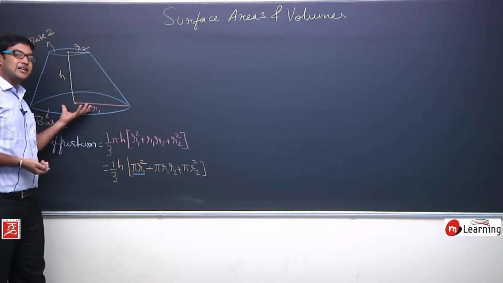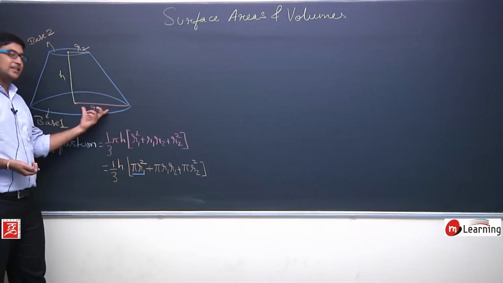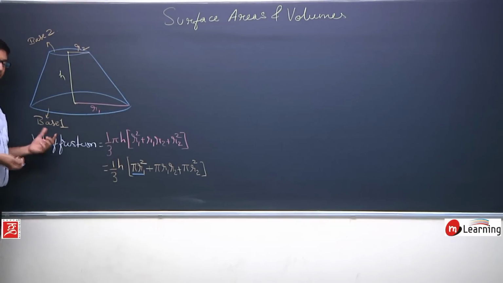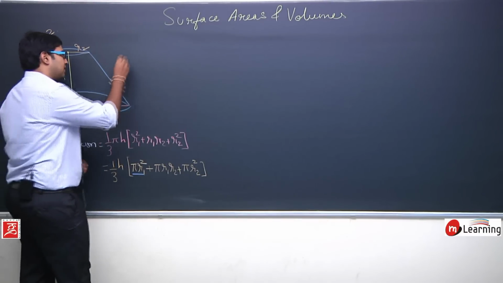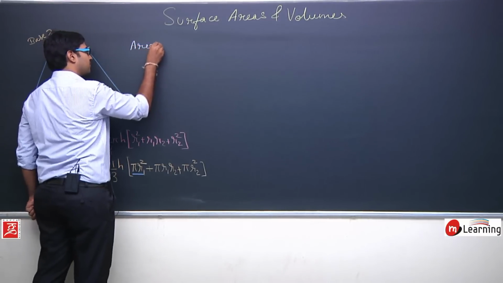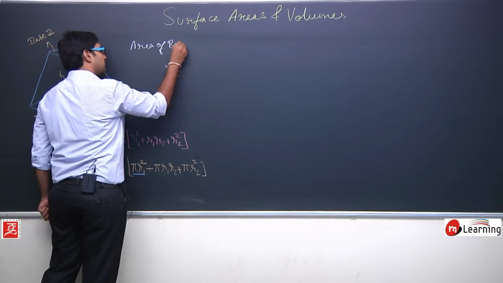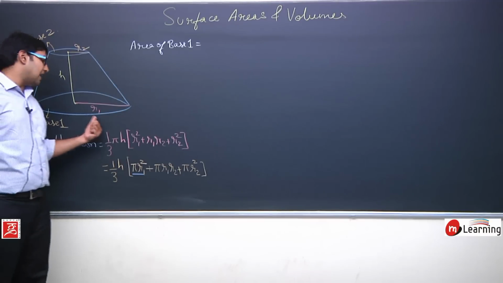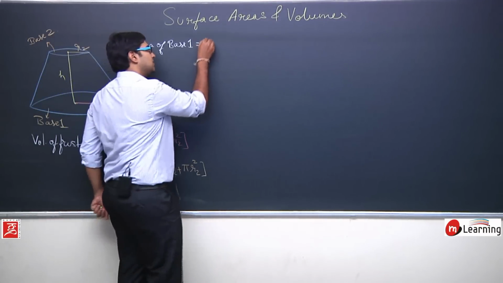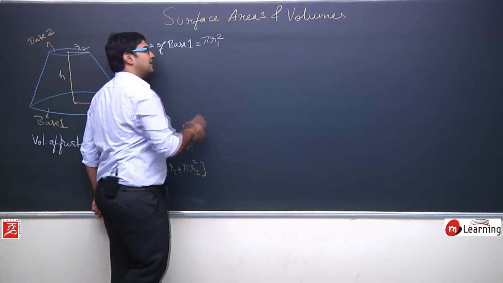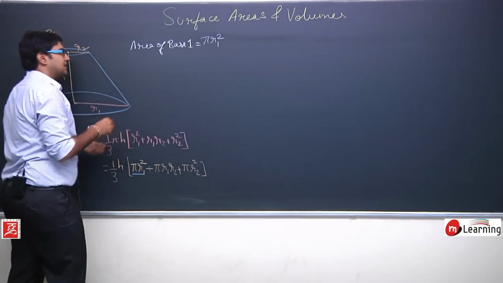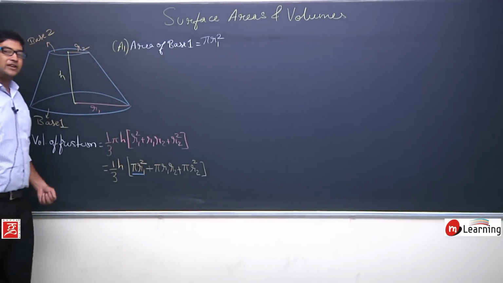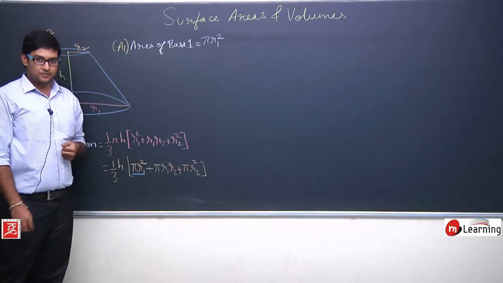So I can say the area of base 1 is pi r1 square, and let us represent this area of base 1 by a1.